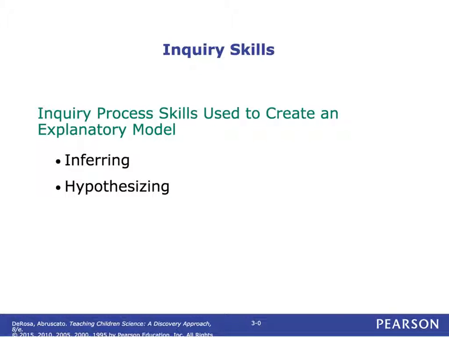So the next set of process skills is the explanatory model, and this model builds on the one that we just described with the descriptive model. It consists of two components, inferring and hypothesizing.